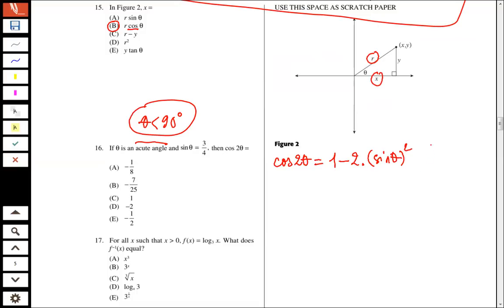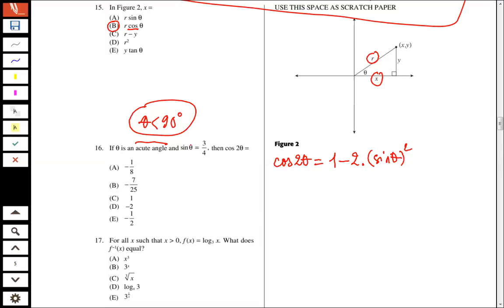Maybe the question needs us to follow a way that from sine theta we will find cos theta. We need to use a square root.